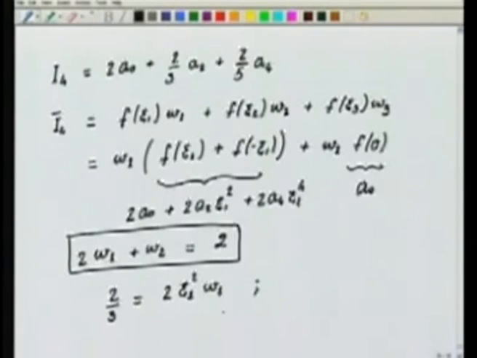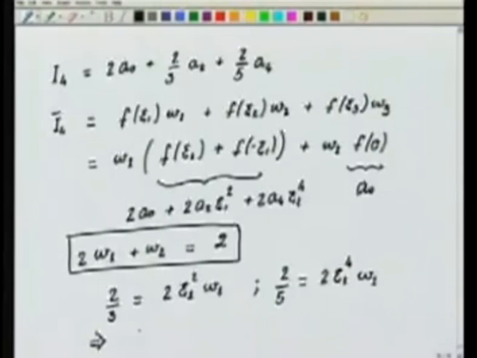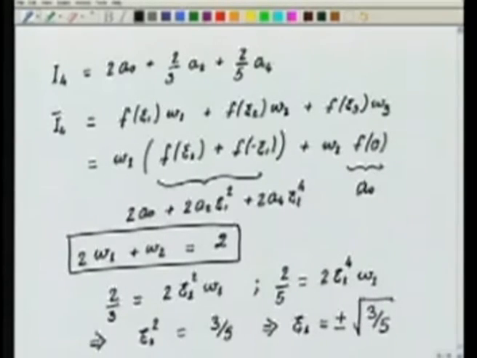The coefficient of a4 gives 2/5 is equal to 2 psi1 to the power of 4 W1. If I take the ratio of these two, psi1 squared is equal to 3 by 5, which implies psi1 is equal to plus minus root of 3 by 5.